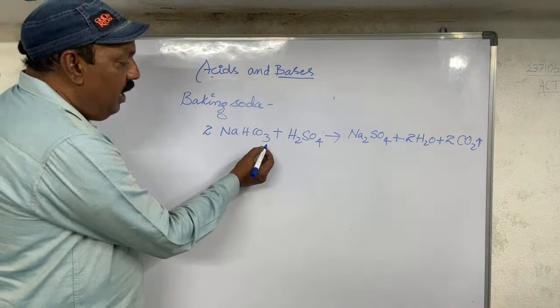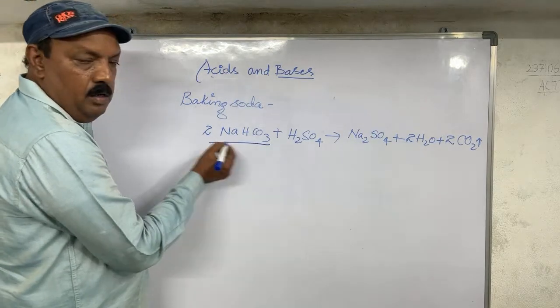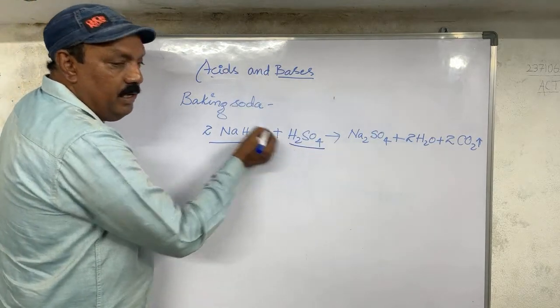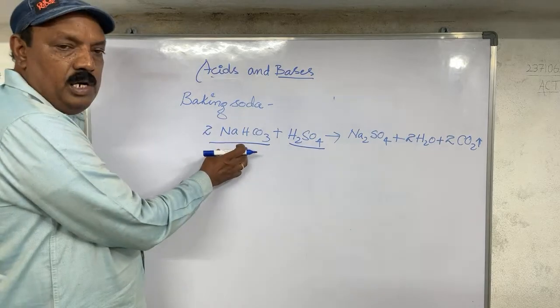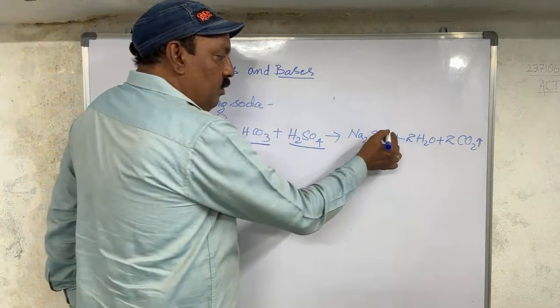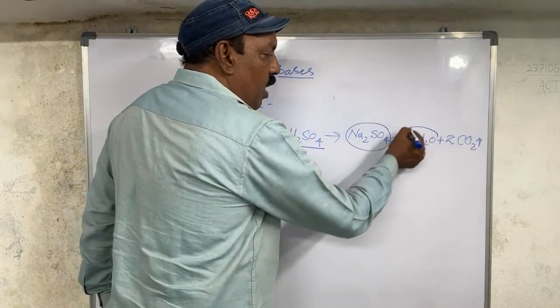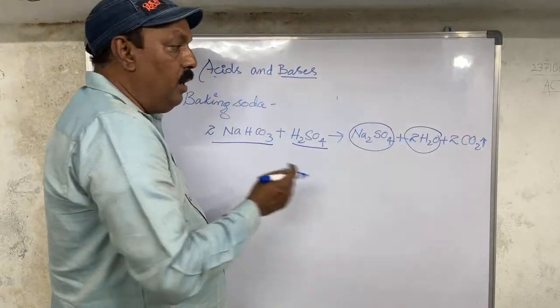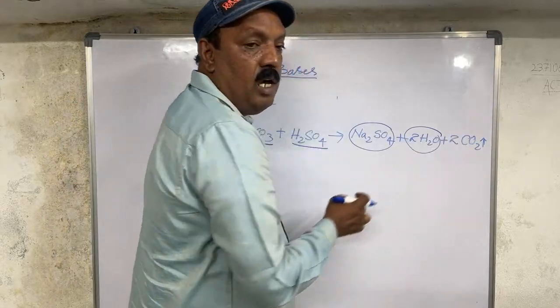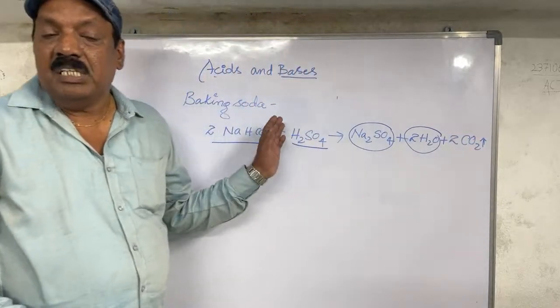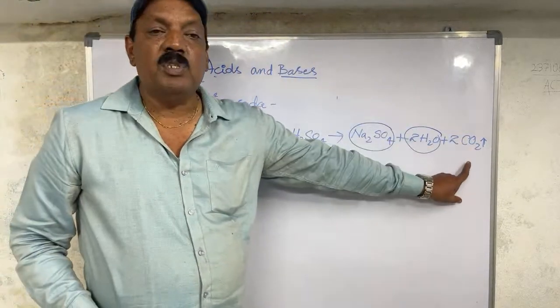Here we take the baking soda and add a certain quantity of acid, and we get one salt, which we are not bothered about, and some water, which we are not bothered about. We are bothered about this carbon dioxide. Why do we do this experiment? Finally to produce carbon dioxide.